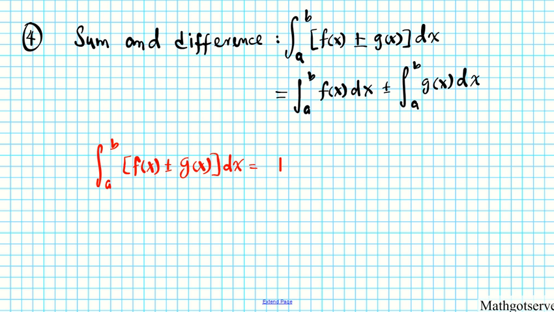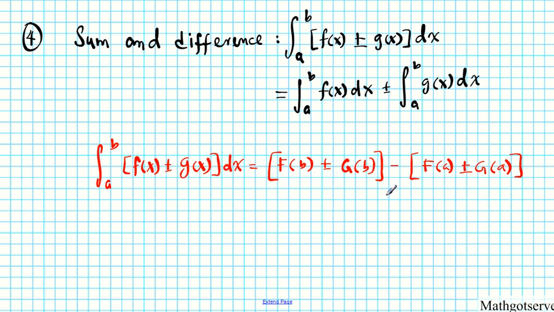Basically it is the antiderivative of f evaluated at b plus or minus the antiderivative of g evaluated at b, this whole expression minus the antiderivative of f evaluated at a plus or minus the antiderivative of g evaluated at a.